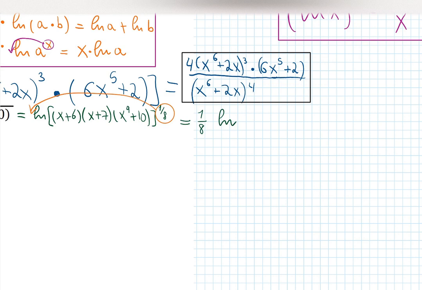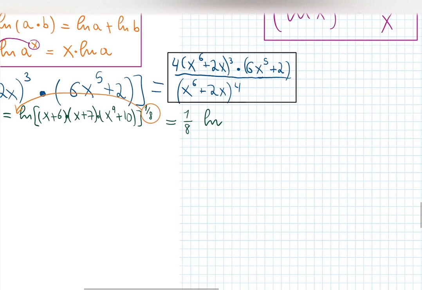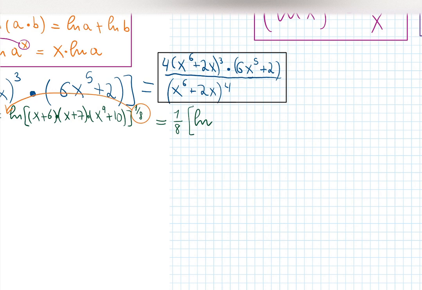Hopefully you can catch up right now, since it's not the first example we're doing. Log of the product, and the product will be a sum of logs, log plus log plus log. So it's going to be 1/8 times log of x plus 6 plus log of x plus 7 plus log of x to the 9 plus 10.